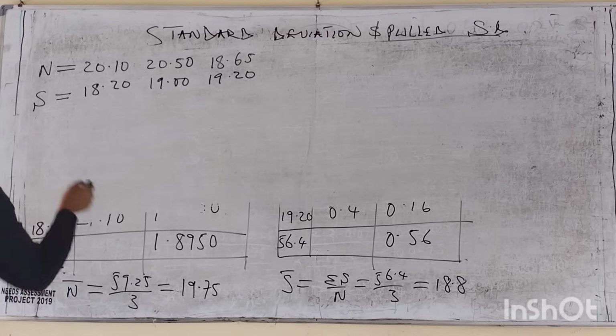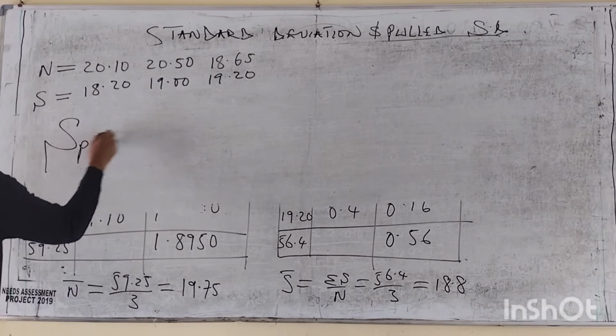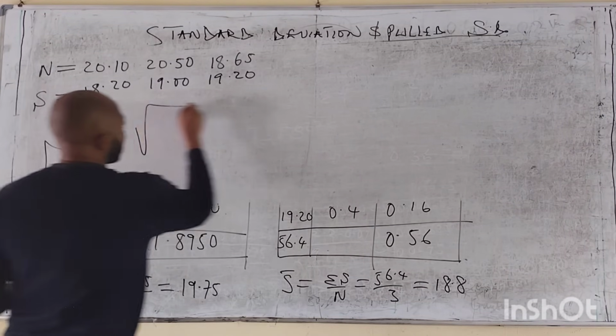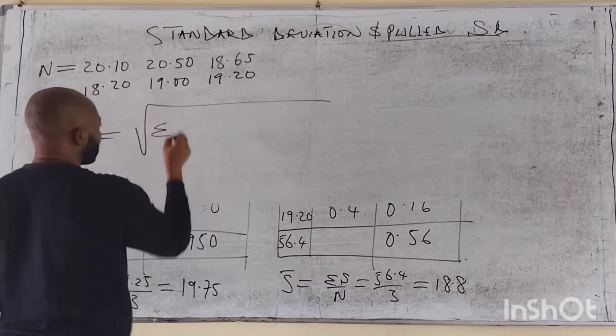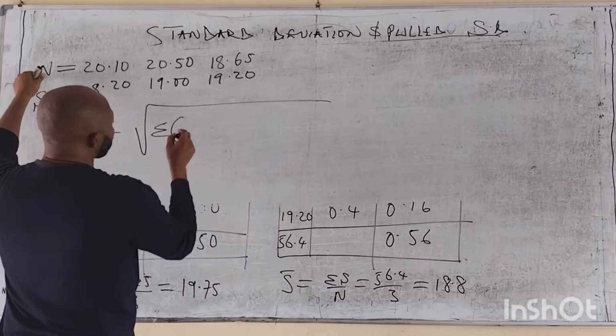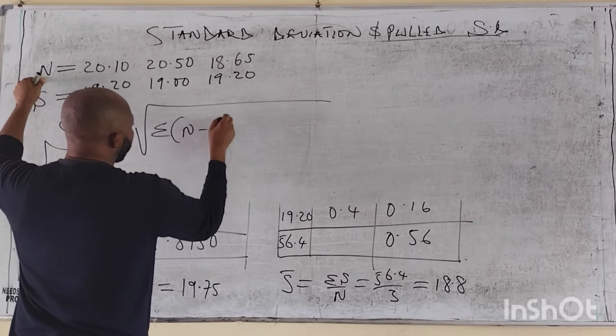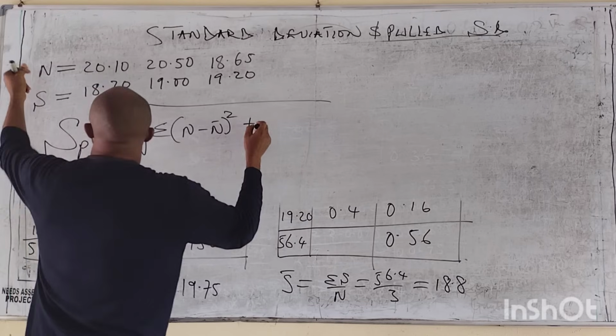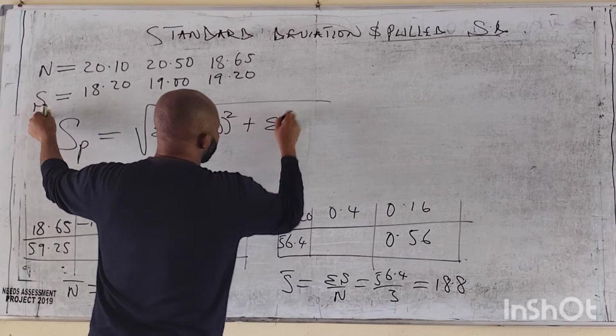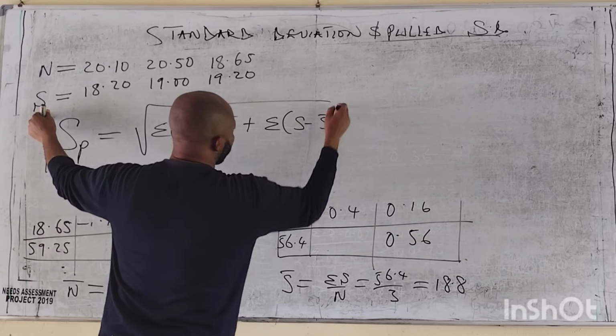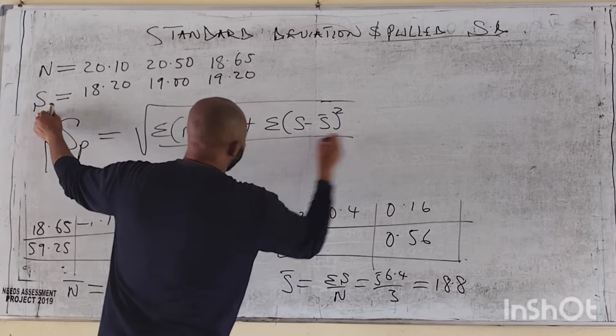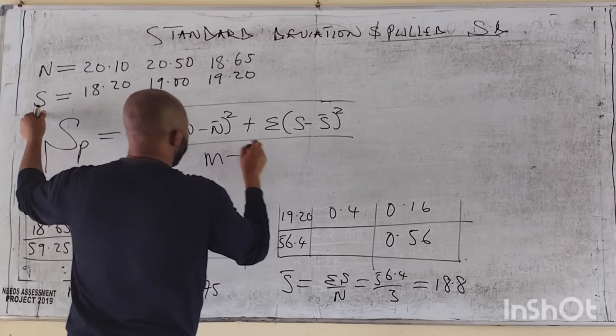So we say the pooled standard deviation is equal to the root of the summation of the new method, which is N minus N bar squared, plus the standard method, summation of X minus X bar squared, all over N minus k.